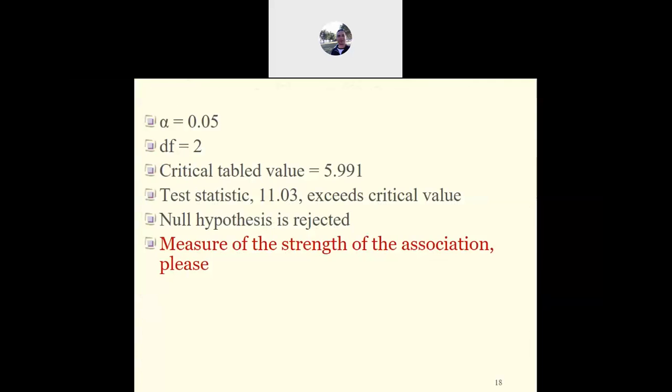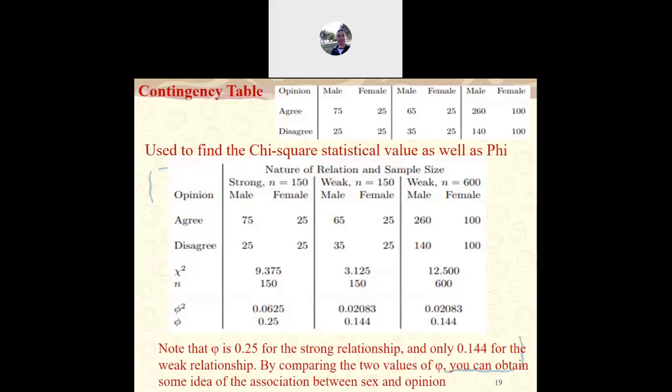Next example. Okay. Look at this one. You have opinion, agree or disagree. In this case, you can make chi-square, and you can check the strength of the relation between the opinion and the gender, right?